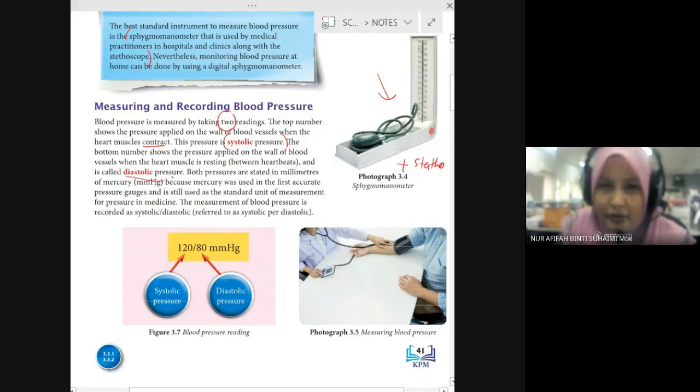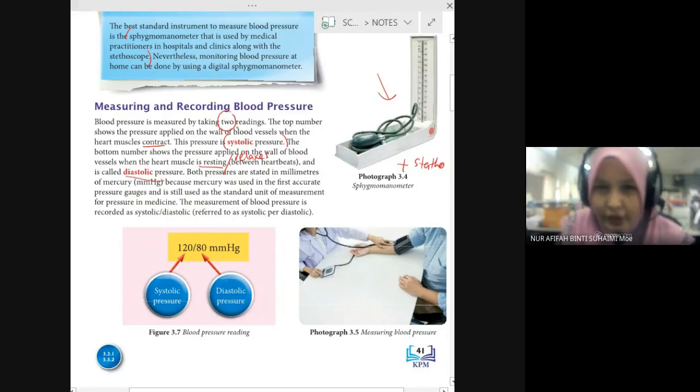For diastolic pressure, it is the pressure applied to the blood vessel when the heart is resting or relaxed, or between the heartbeats. So the second number or the bottom number is diastolic pressure.